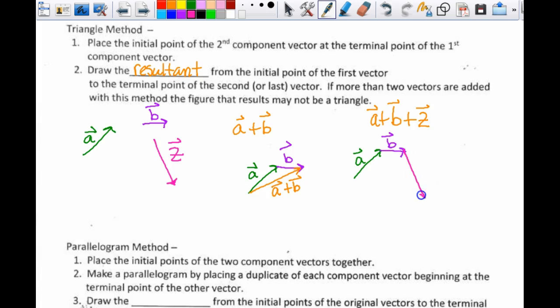I'll give you graph paper when it means more. And here's Z. So I'm adding the three together, then my resultant right there, it doesn't make a triangle, but it's still called the triangle method because of the way that you go about it. Okay, we all okay with that? Any questions?